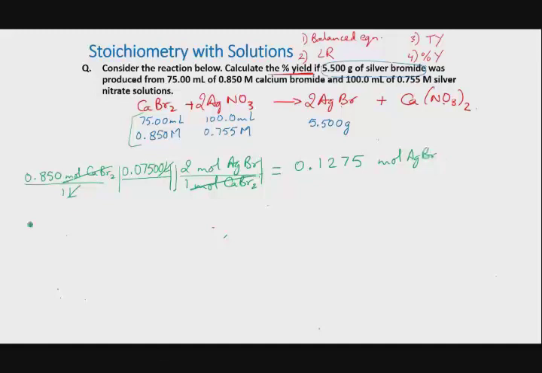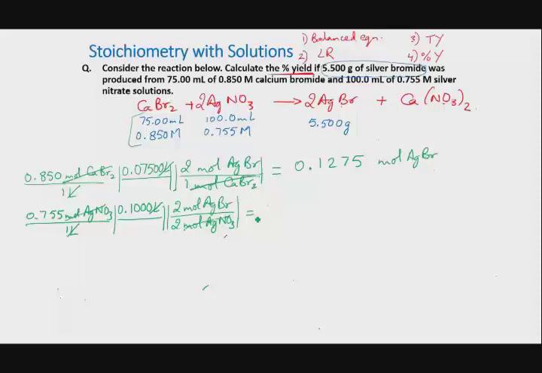Similarly, 0.755 moles of silver nitrate for every 1 liter is the concentration, multiplied by 0.1000 liters of that solution gives us moles of silver nitrate, which can then be converted into moles of silver bromide using the coefficients in the balanced reaction equation.